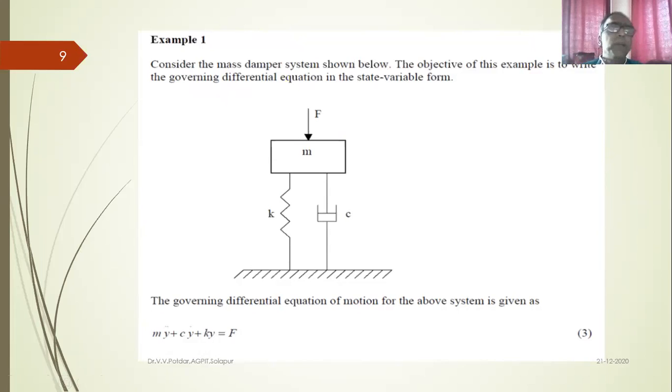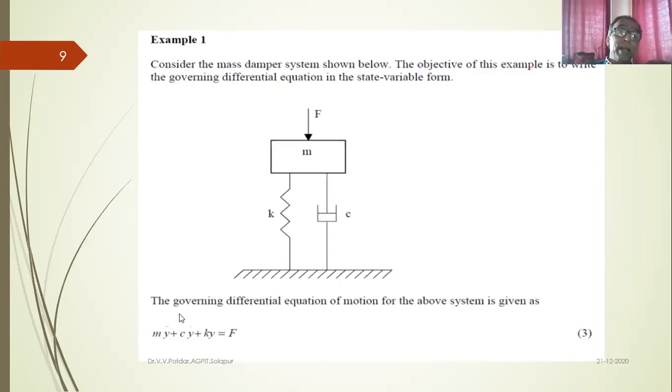So what will be the equation? If you remember, F is equal to the inertia force, that is m y double dot, plus c, the damping coefficient, times y single dot, plus k y. F is equal to m y double dot plus c y single dot plus k y. Earlier we used the parameter x, now we are using the parameter y, otherwise the equation is the same.